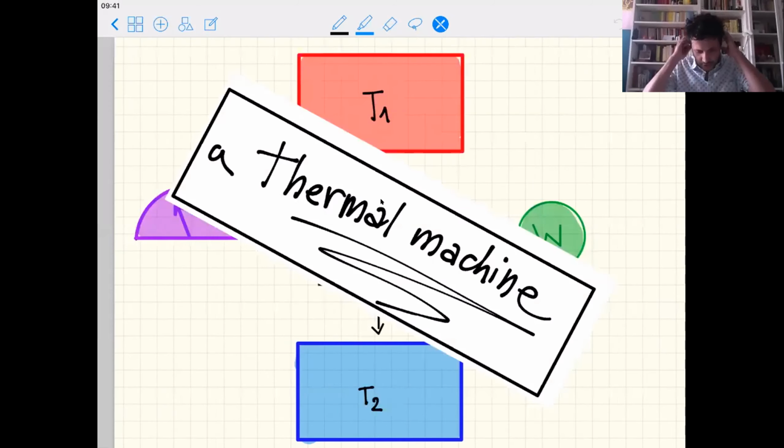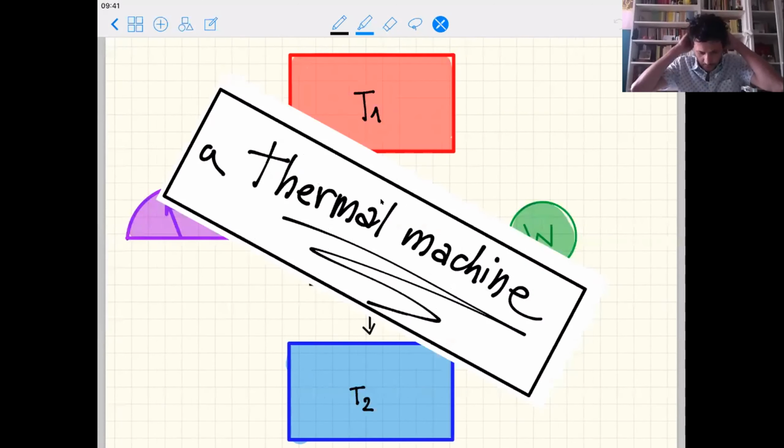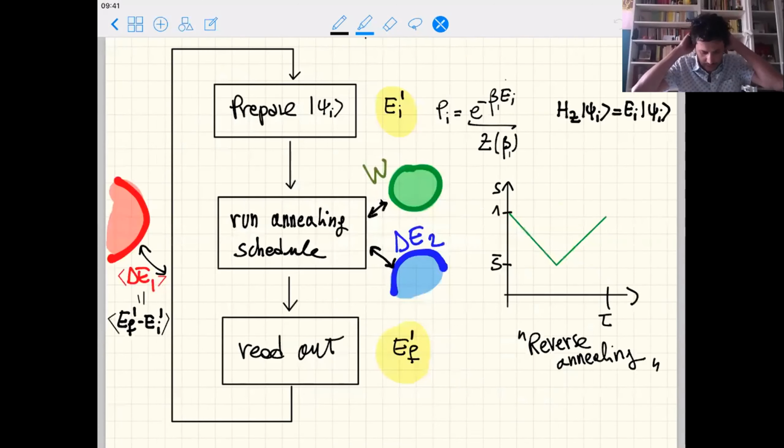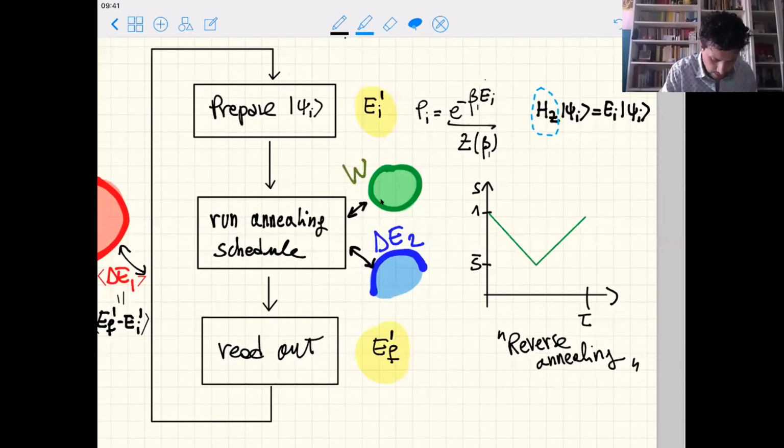So here is a scheme of our setup. We prepare some state psi I, which is an eigenstate of the Hz Hamiltonian, and we prepare it with a probability which is given by the Boltzmann factor at temperature T1, meaning that our initial state has some energy E_I with this probability.